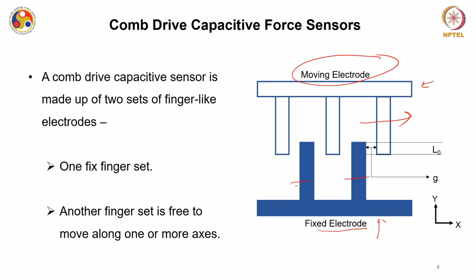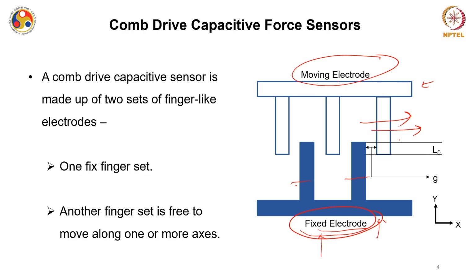When I say multiple axes, the movement we are seeing is of the moving electrode with respect to the fixed electrodes. When I say it can move along one axis or multiple axes, what I mean is that this moving electrode can move in the x direction.